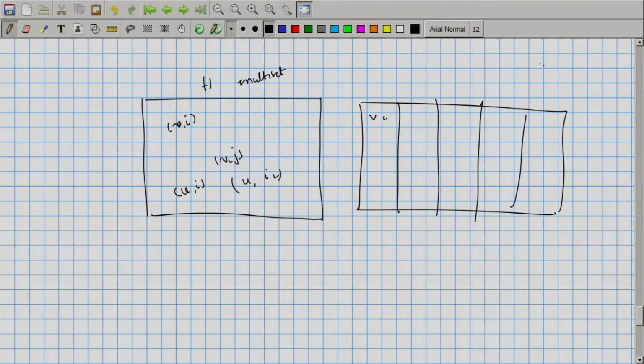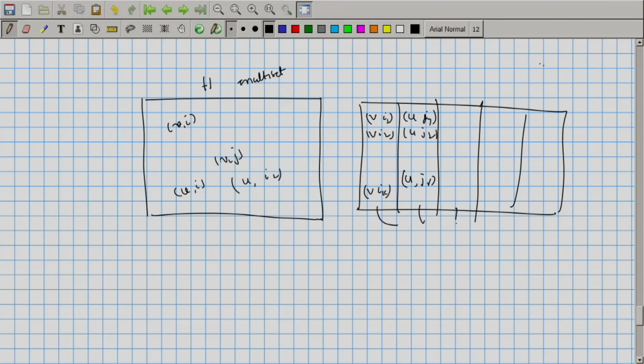So, let us say V_i1, V_i2, ..., V_ik: V is an assignment which appears k times, and then let us say U appears as U_j1, U_j2, ..., U_jr, and U appears r times, and so on.